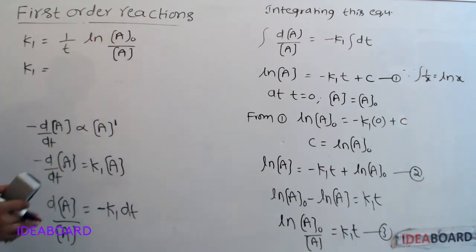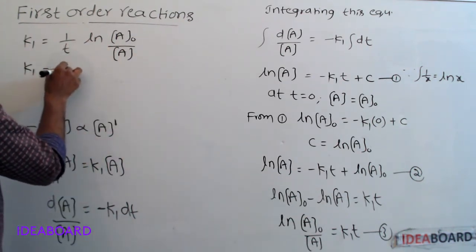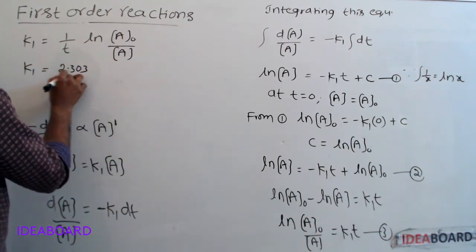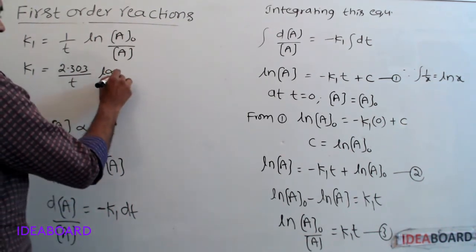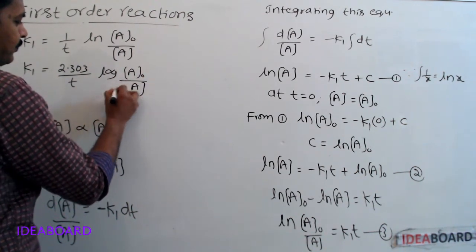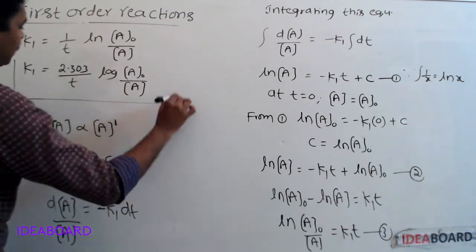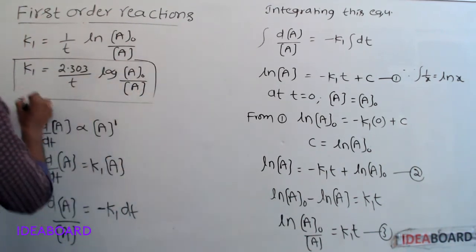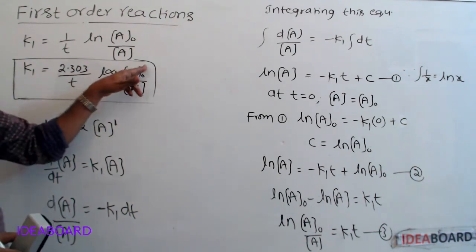To convert natural logarithm into common logarithm, we multiply with 2.303. Then K1 is equal to 2.303 by t log of, here base 10, A naught by A.